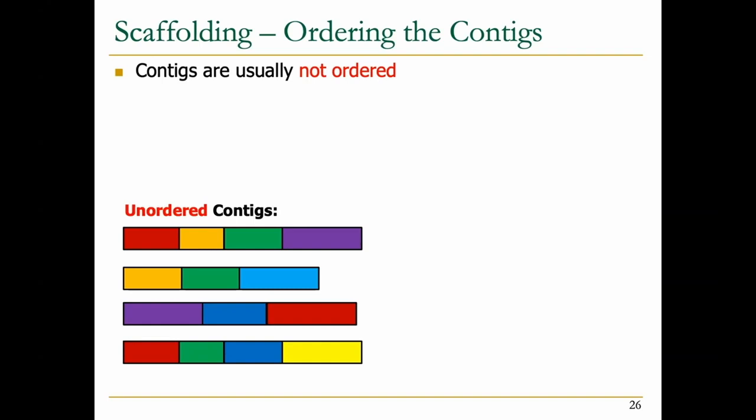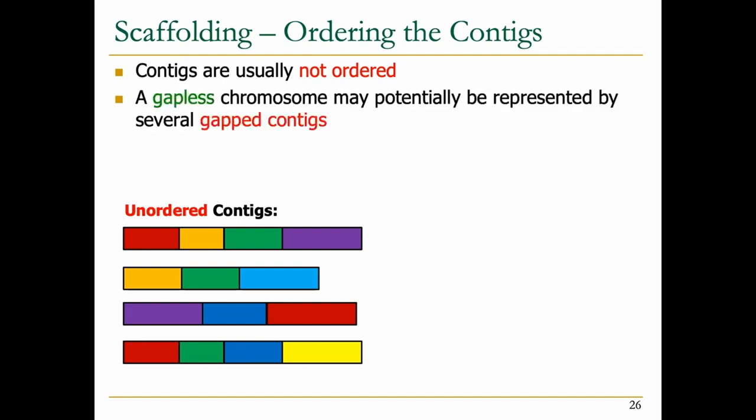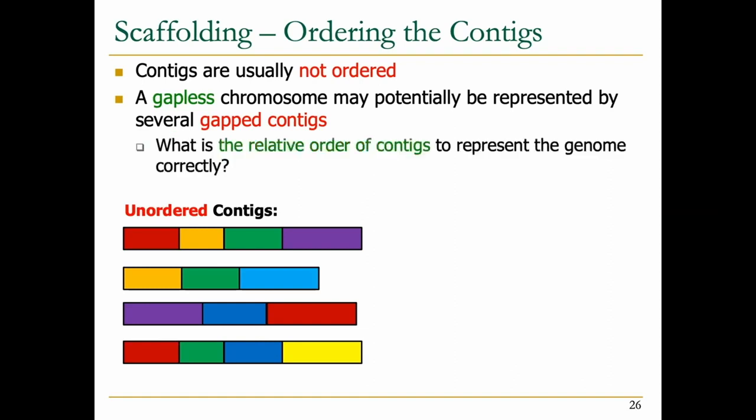These are basically larger pieces, longer than the reads, but still probably shorter than the chromosome or the genome itself. And we still don't know the order between them. What we want is a gapless chromosome, and we know that a gapless chromosome may potentially be represented by several gapped contigs, right? Because we don't know the order between them.